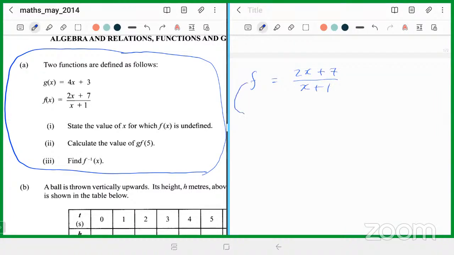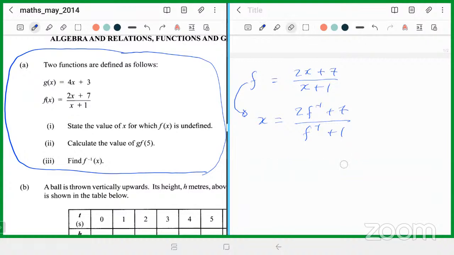We're going to inverse it. The f becomes x, and the x here and here each becomes f to the minus 1. So it's 2 f to the minus 1 plus 7 over f to the minus 1 plus 1.